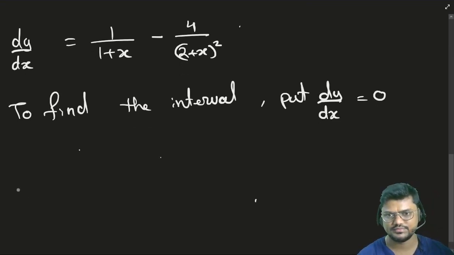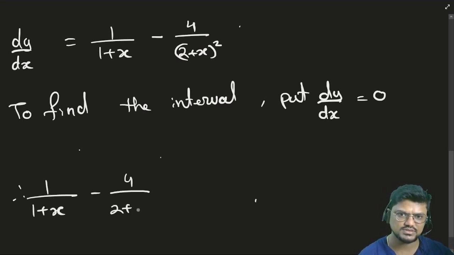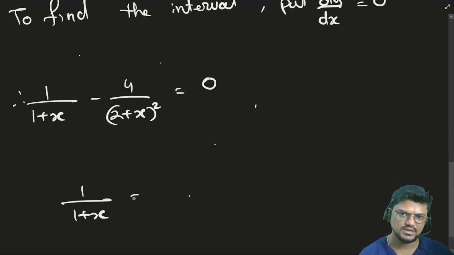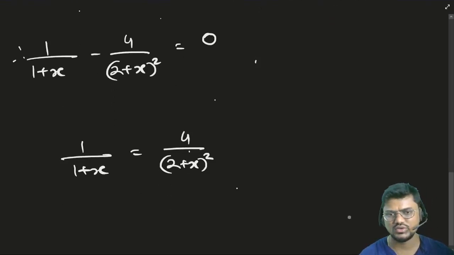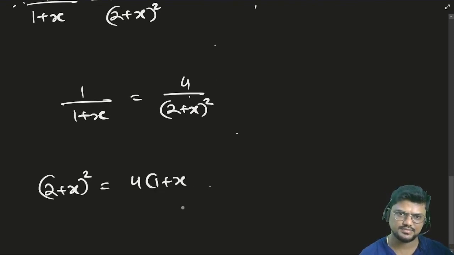So 1 upon 1 plus x minus 4 upon (2 plus x) whole square equals 0. If I take it on the right hand side, 1 upon 1 plus x equals 4 upon (2 plus x) whole square. I will do the cross multiplication over here: (2 plus x) whole square equals 4 into (1 plus x).